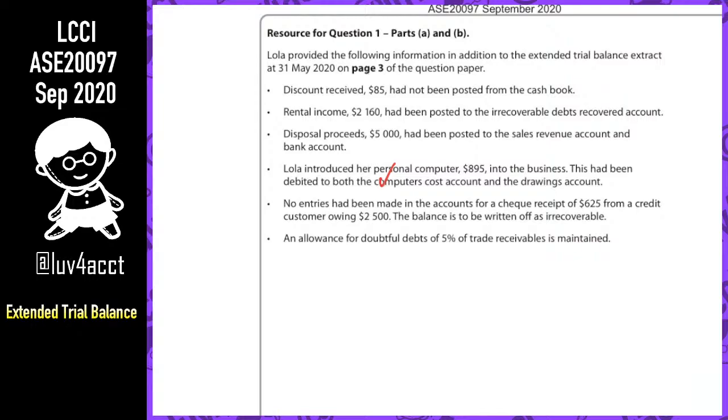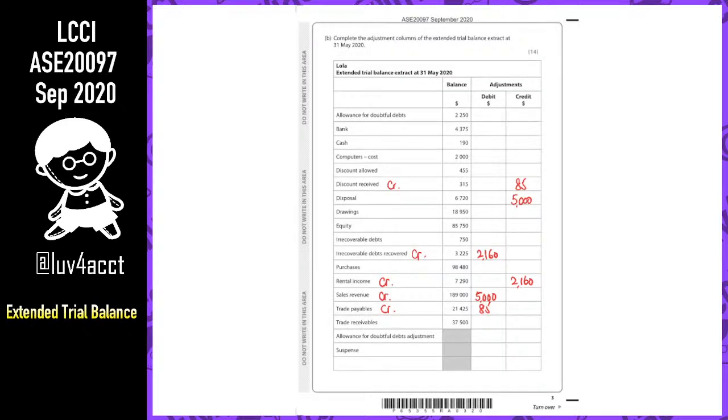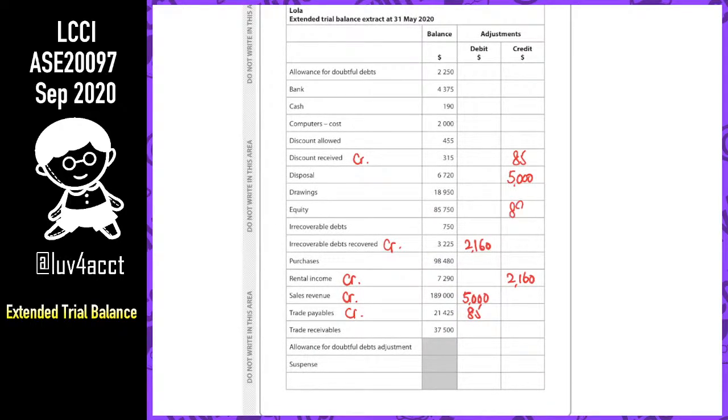So it should be added to equity, 895. But it had been debited to drawings. We do this one more time because drawings is a debit side account. Because of this, 895 multiplied by 2, we have 1790 debit to the suspense account.